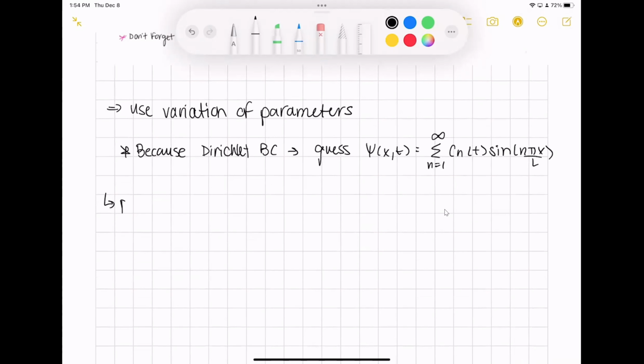So what we need to do, we're just going to plug it into the PDE.